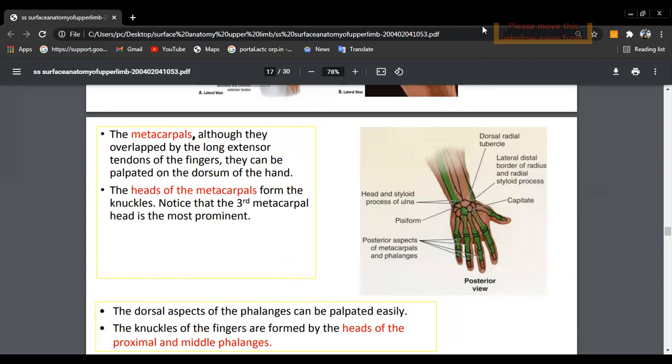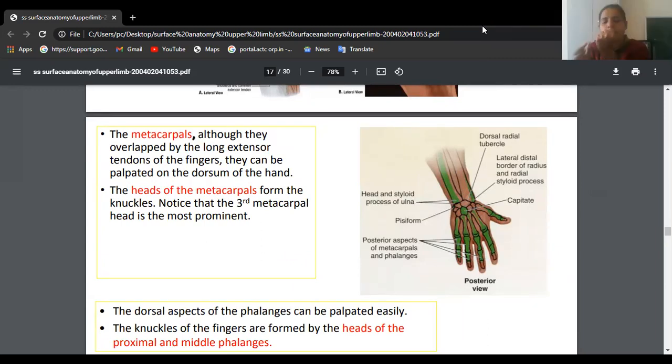I hope you remember me showing knuckles previously also. See here, this point we have is the knuckles. This is the junction between the metacarpals and proximal phalanges, hence you call it the metacarpophalangeal joints.